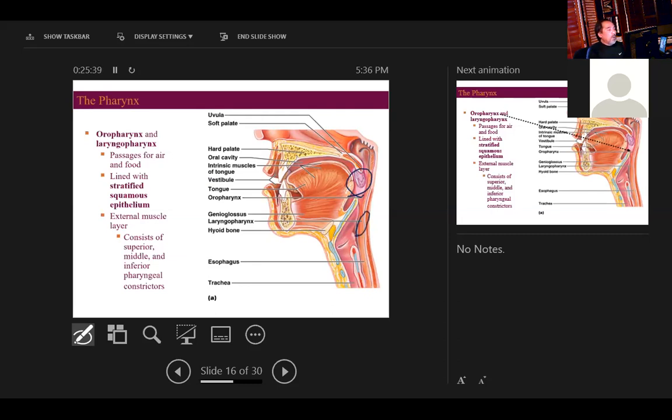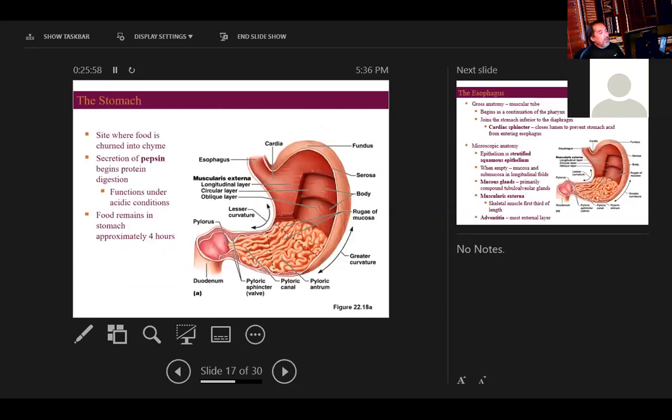Okay, so it's stratified squamous epithelium. And the muscles located here at the area of the esophagus are the superior, middle, and inferior pharyngeal constrictors. Here are the oral pharynx and laryngeal pharynx.